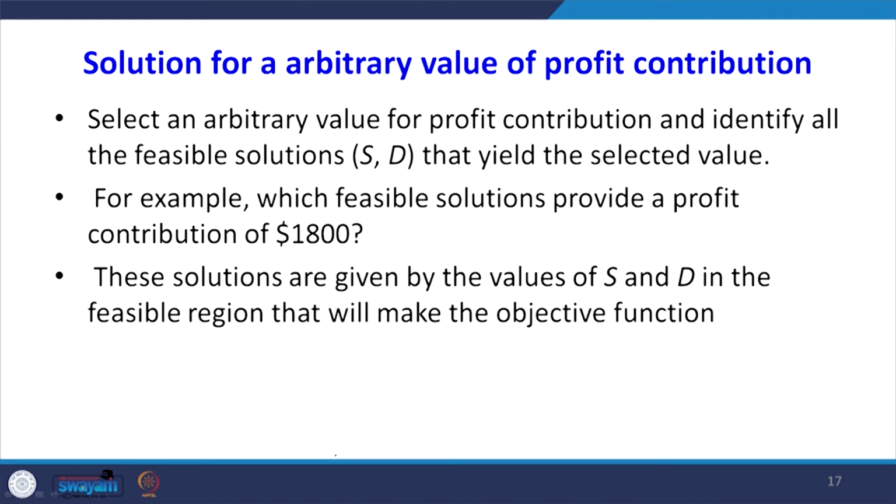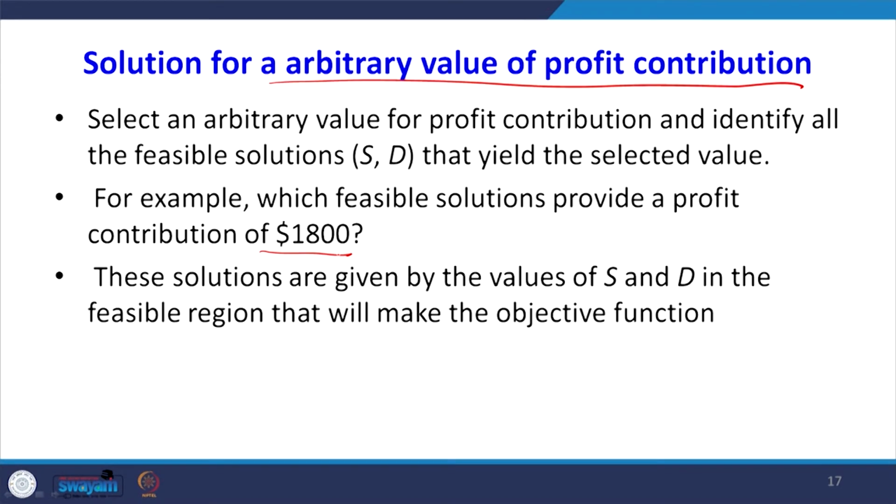What are we going to do? We are going to select some arbitrary value for our profit contribution. So, select an arbitrary value for the profit contribution and identify all feasible solutions S comma D that yield the selected value. For example, which feasible solutions provide a profit of $1,800?